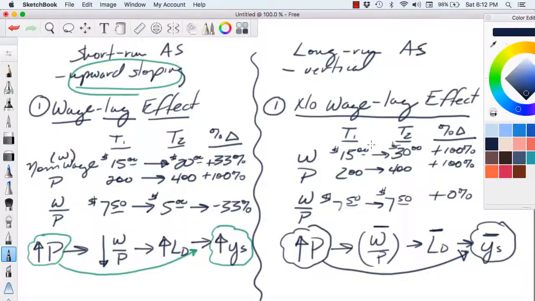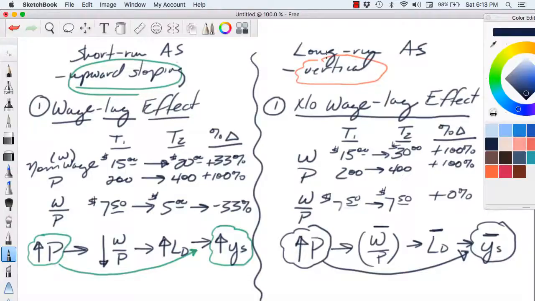Real GDP supplied stays the same. Hence, we have a vertical aggregate supply curve. Changes in price do not affect real output supplied. Okay, so one reason we can have an upward slope versus a vertical slope is the wage lag effect.